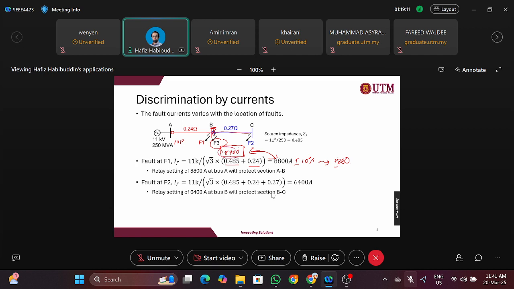So 8700 might fall within the range of the CT. In that case, this relay sees an external fault with a value that is greater than its setting.